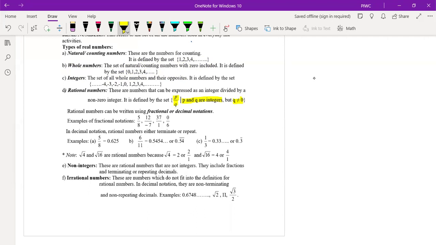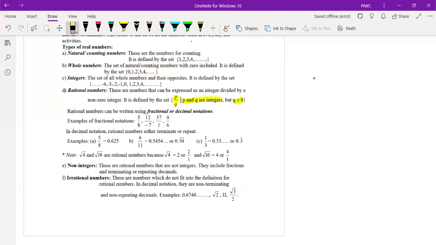Okay. So it means that rational numbers can be written using fractional or decimal notations. For example, if you have 5/8, 5 is an integer, 8 is an integer. So you have P/Q, an integer divided by an integer, which makes this a rational number. 12 is an integer, -7 is an integer, so you're dividing an integer by an integer.